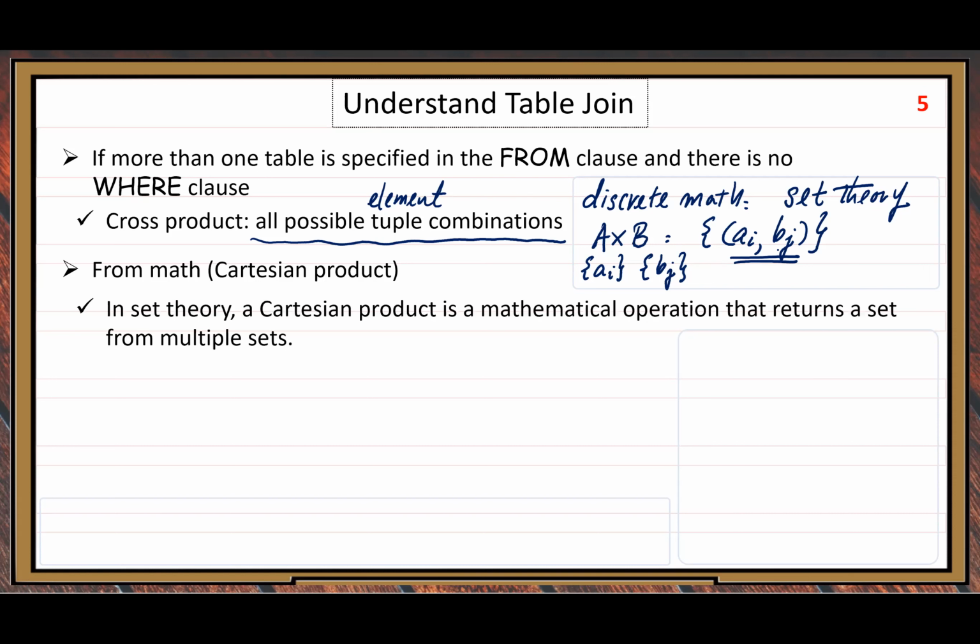In set theory, a Cartesian product is a mathematical operation that returns a set from multiple sets, A and B. You can do more than two, for example A cross B cross C, with the typical structure A sub I, B sub J, C sub K. So you can generalize this definition to any number of sets.